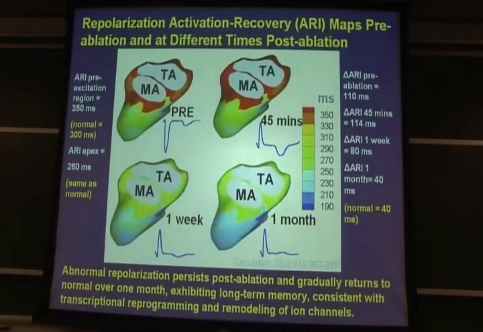Now what interested us in this whole story is not only what happens to activation, but also what happens to repolarization. And these slides are a little complicated, but it shows activation recovery intervals. If this is the QRS, this is the time of activation. Okay? This is the T wave, is the time of repolarization.